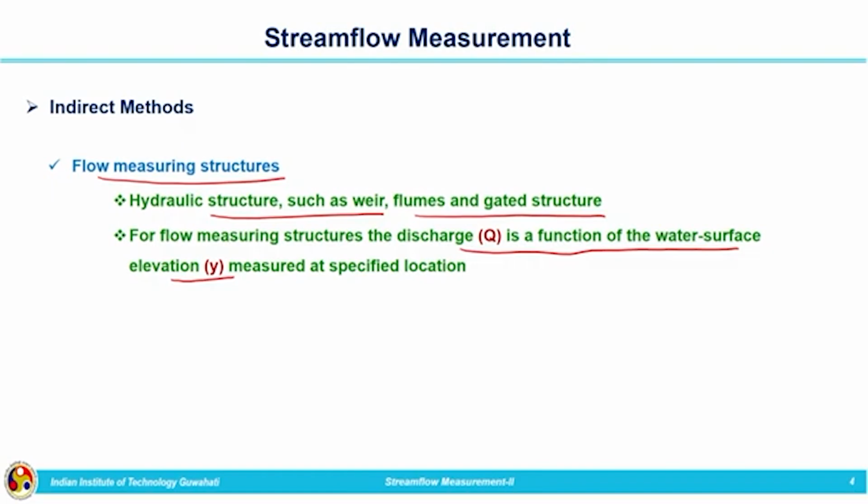For different hydraulic structures, different relationships will be there between Q and depth of flow. By making use of the corresponding mathematical relationship between the water depth and the discharge for a particular hydraulic structure, we can calculate the streamflow. So, that comes under indirect methods.